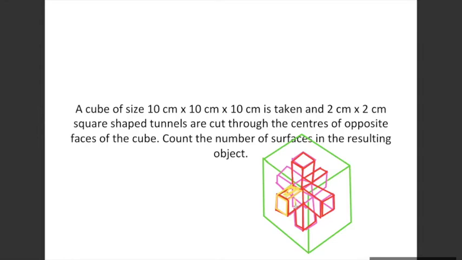There will be one surface at the bottom and one surface at the top. There will be four surfaces like this getting attached to this surface which I just drew. There will be four surfaces getting attached to that surface on the inside, not on the outside. You agree with it?